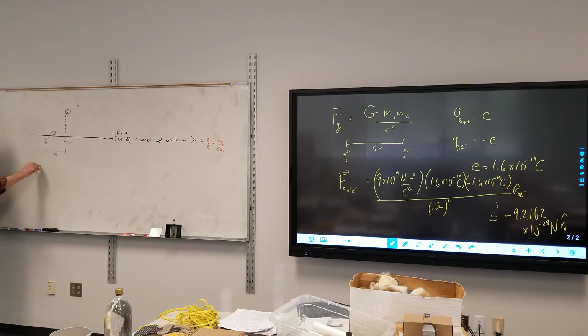So I know that the force on Q from the line is going to be equal to Coulomb's constant times Q times dq, that should be dF, over r squared, r hat, where the distance there is r.